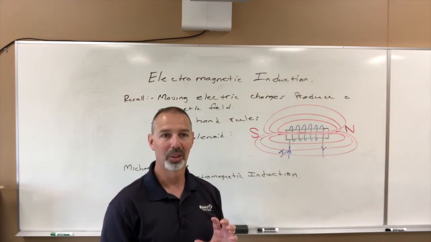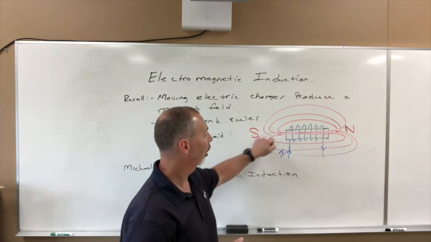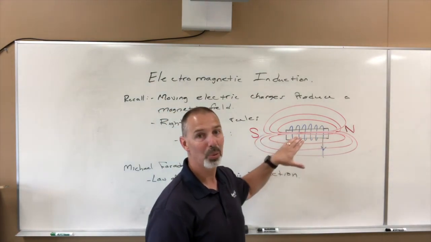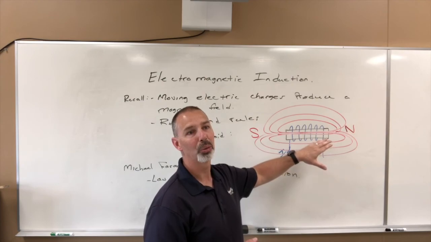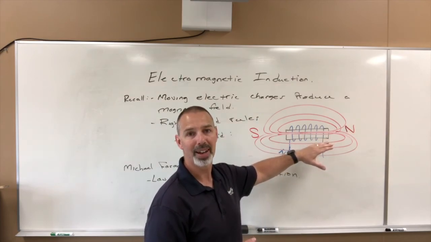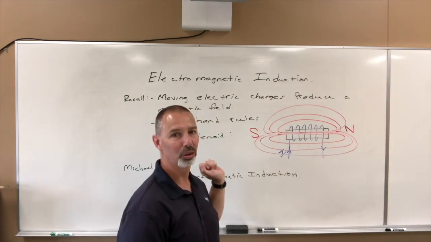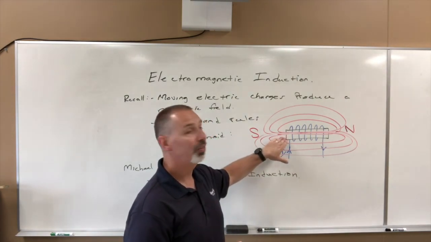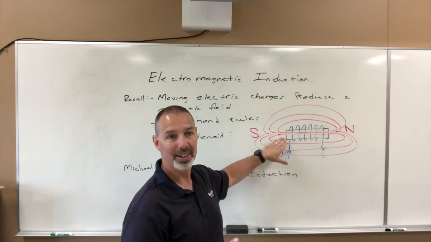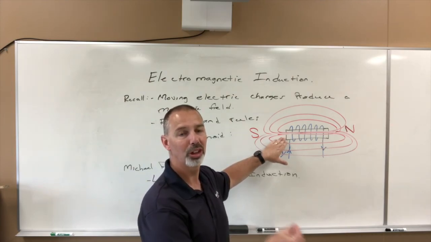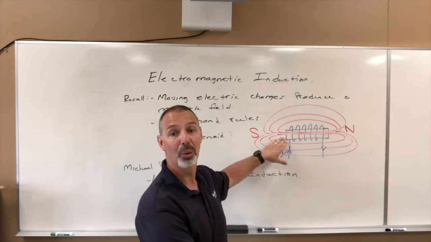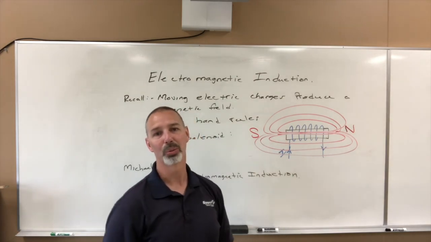So you would touch it, the bar would become magnetized, and while it was becoming magnetized, current would flow. Once it was fully magnetized, the current would stop. He could remove the strong magnet. This would eventually lose its magnetism, and in the process of losing its magnetism, current would flow again until it was fully demagnetized, and then the current would stop.